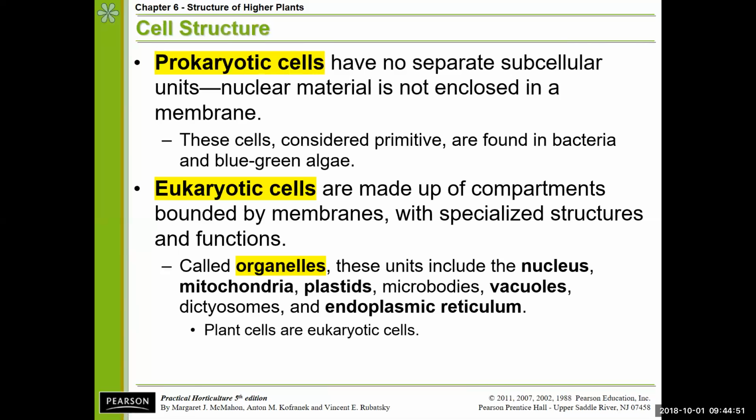Everything else is basically eukaryotic, where they do have compartmentalized subcellular units that have particular structures and functions. And we call these organelles. So as we go down to the cellular level, the things inside of the cell that are floating around in that cytoplasm are the organelles. And they each have a specialized task that allows life to operate.